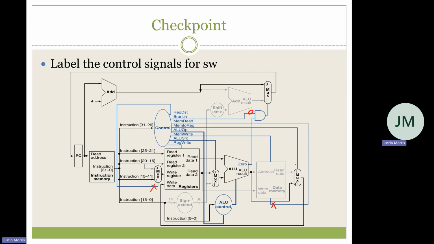Mem to reg. Yep. ALU op. Or add. Mem write. Yep, we are store word. ALU source. And then reg write. Yep. And it's because reg write is 0 that we don't care about destination, mem to reg, or if we are reading from memory, right?